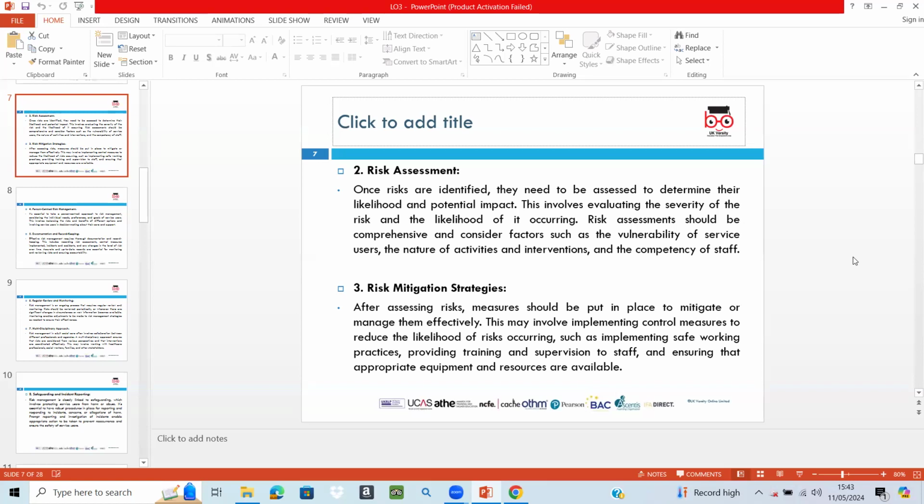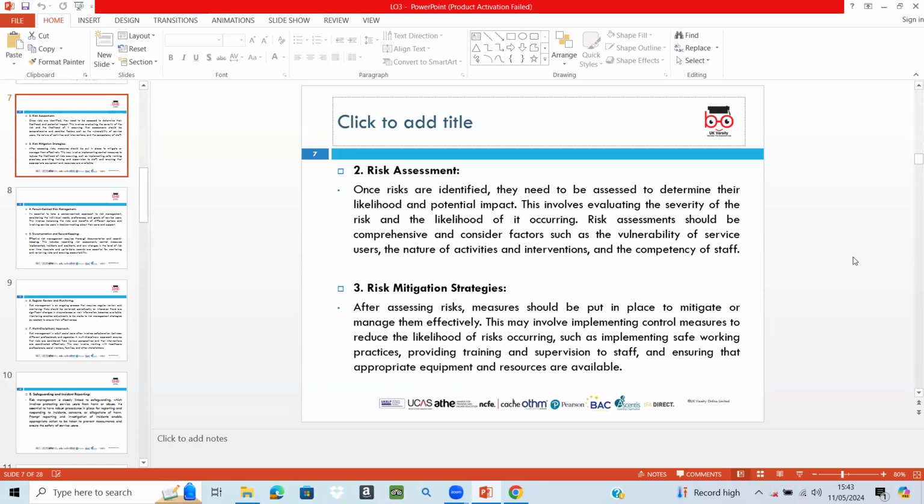In risk assessment, the objective is to quantify and prioritize risk based on their potential impact on the well-being of service users and staff. By systematically assessing risk, organizations can understand the level of risk exposure, identify critical areas requiring attention, and develop targeted risk mitigation strategies.